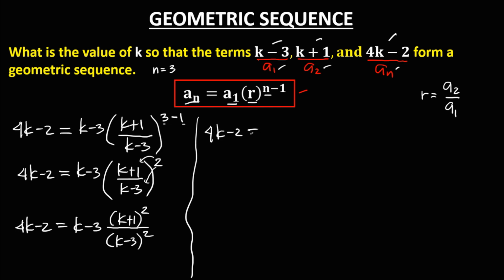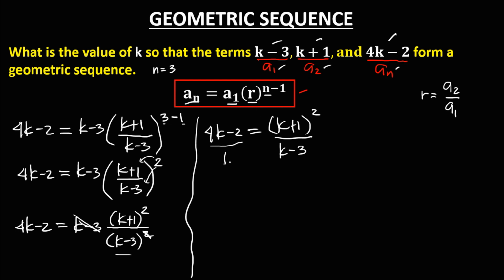Then to simplify, 4k minus 2 equals, and observe that we can cancel this k minus 3. So cancel this k minus 3 and cancel 1 k minus 3. So this becomes k plus 1 to the power 2 over, so we still have 1 k minus 3. Then to simplify, we're going to use cross multiplication.